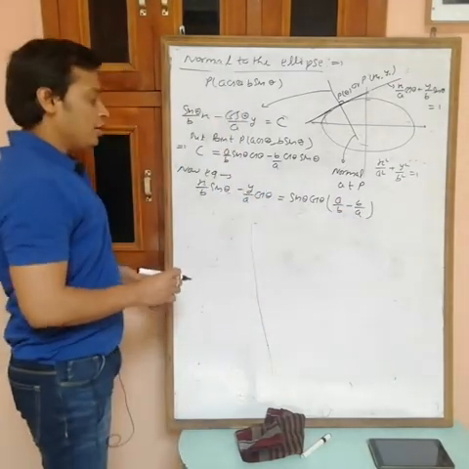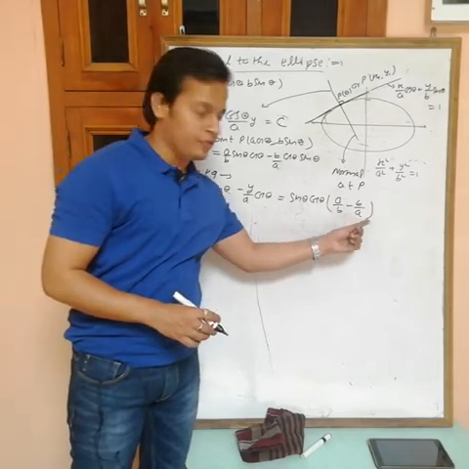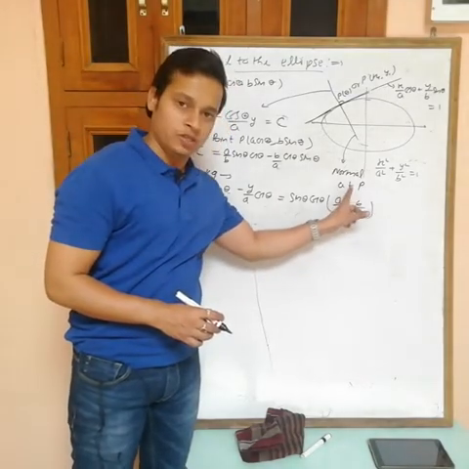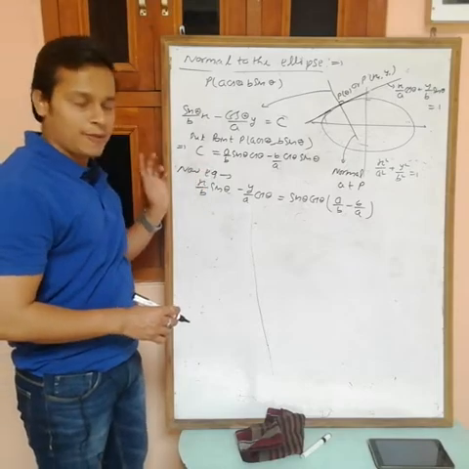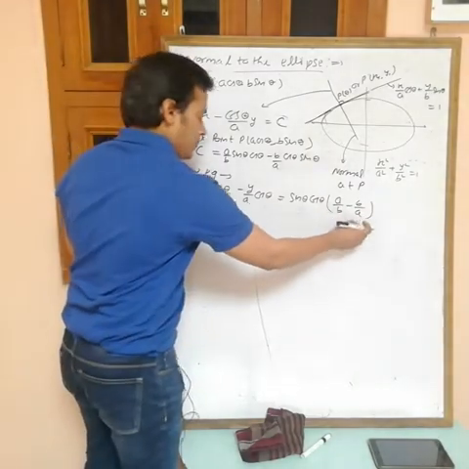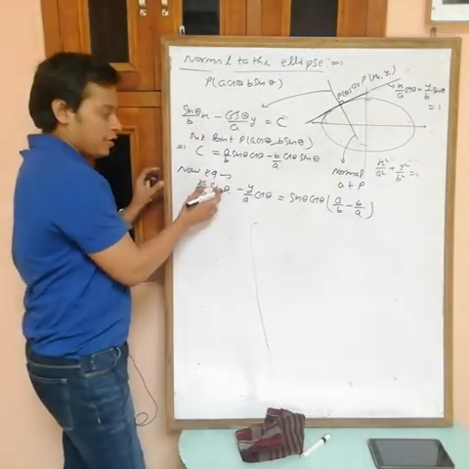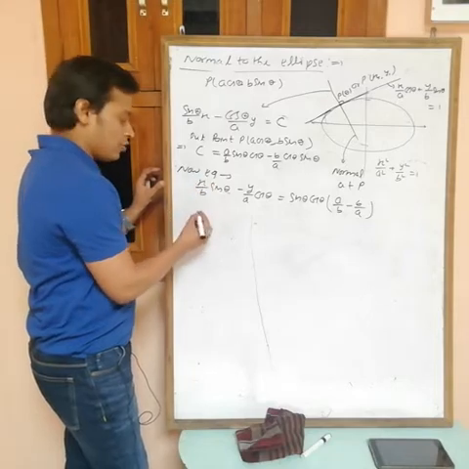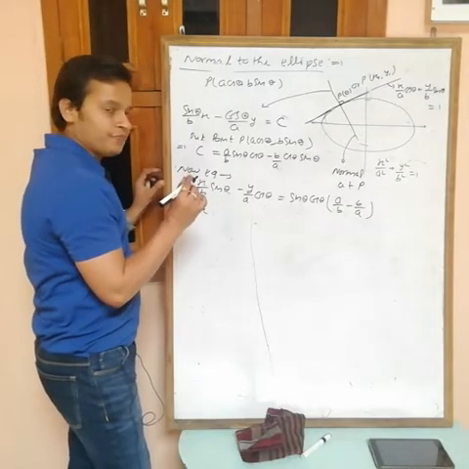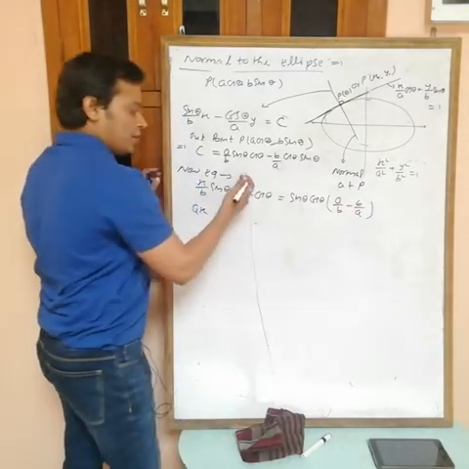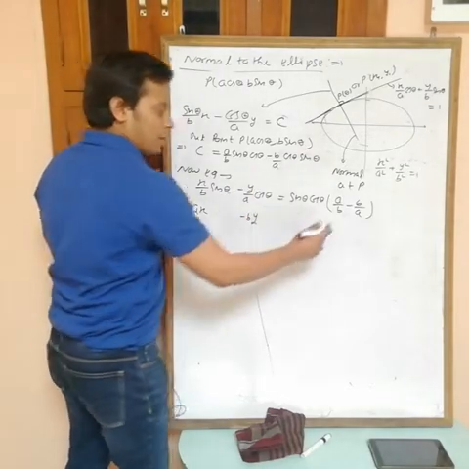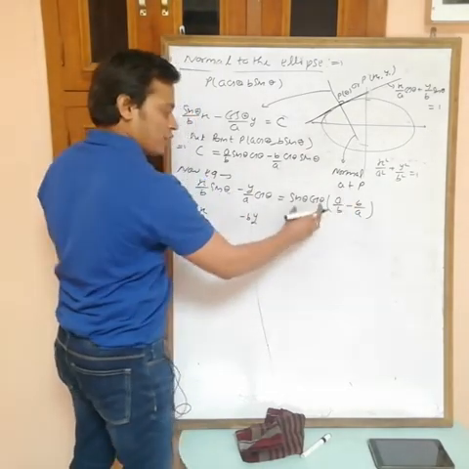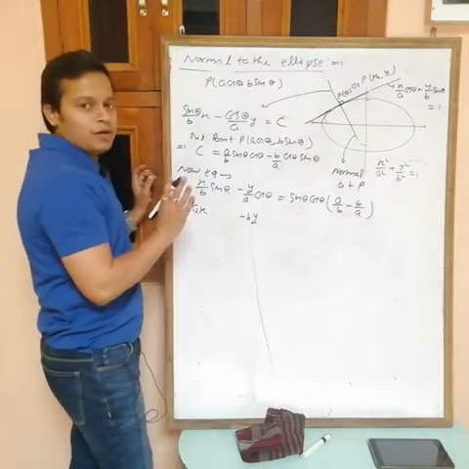Now if you take LCM ab, then you will get a square minus b square over ab. If you multiply with ab, b cancels out, what you will get? ax. And here multiplying with ab, a cancels out, what you will get? by. And here what we have? a square minus b square, and also divide with sin theta cos theta.